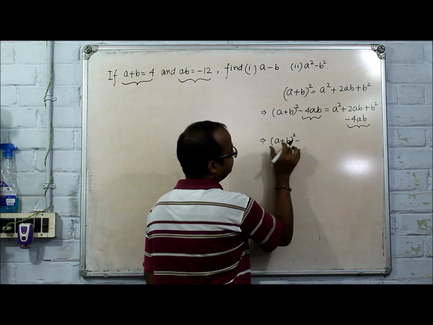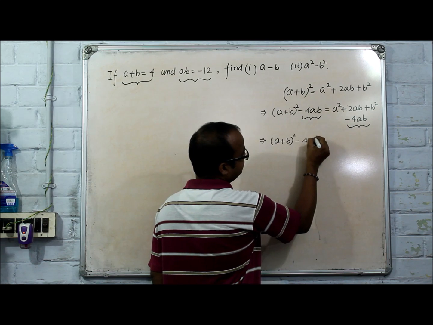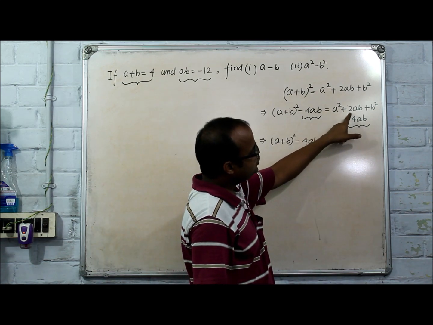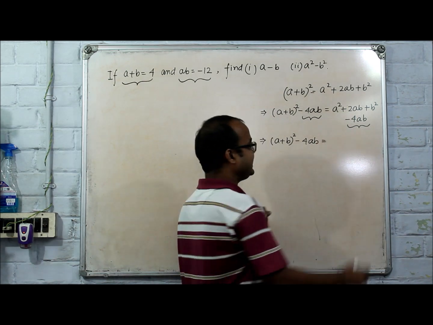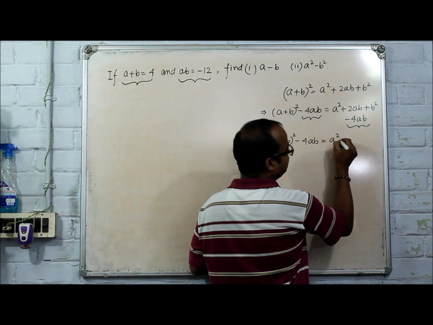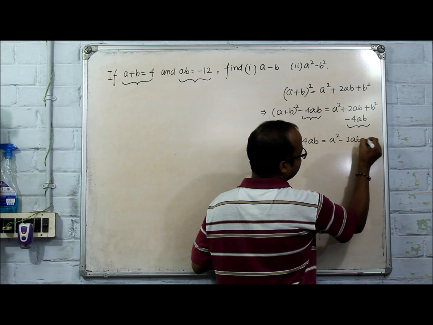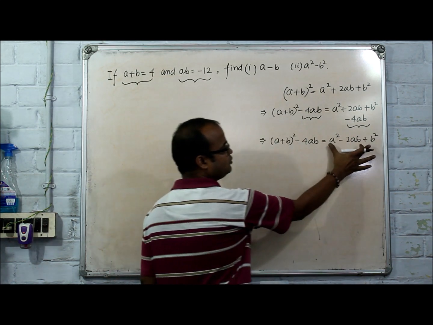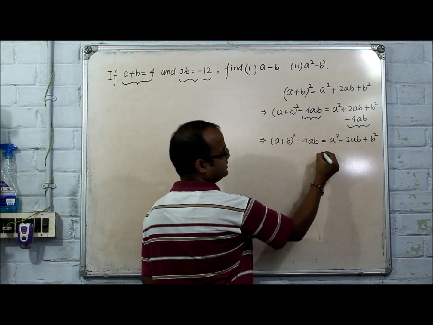It will be a plus b square minus 4ab. Now a square plus 2ab minus 4ab can be written as a square minus 2ab plus b square. Now this is the formula of a minus b square.